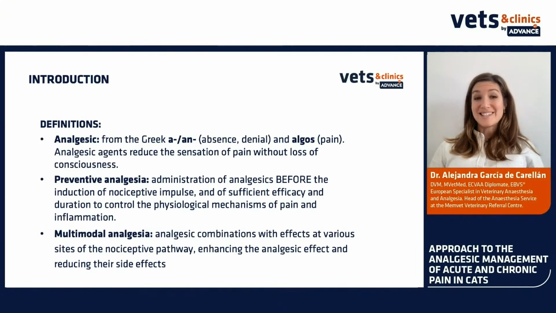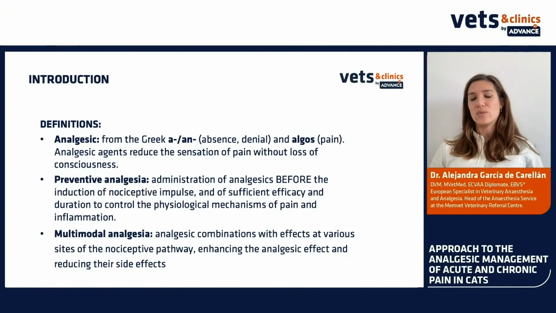Sometimes, especially in anesthesia, we can prevent pain. We can give analgesics before a surgery, for example, to try to reduce the nociceptive impulse, to have the efficacy of the analgesic before this tissue damage occurs.